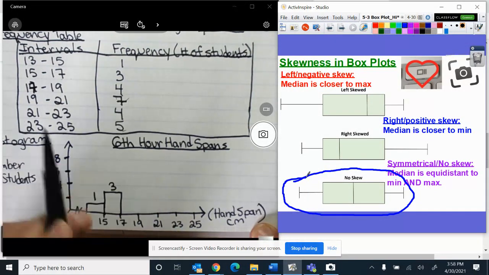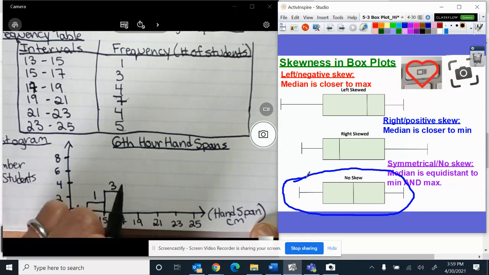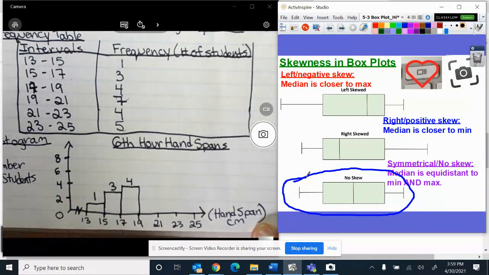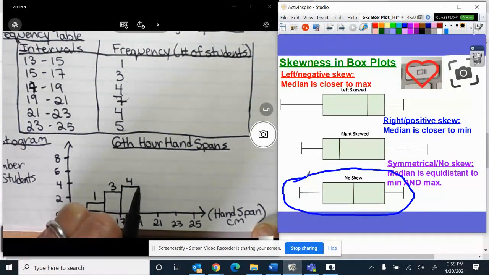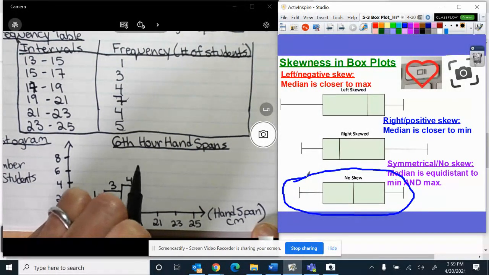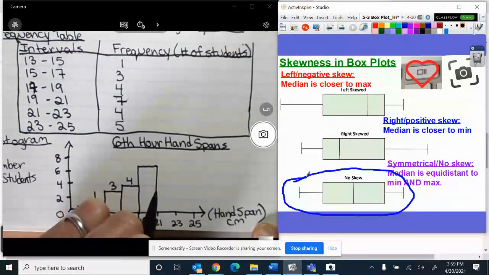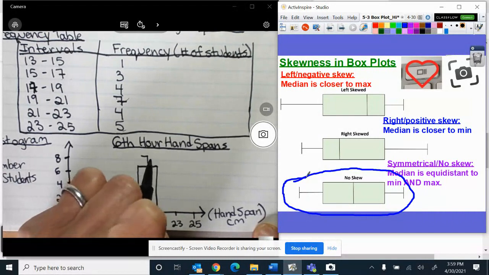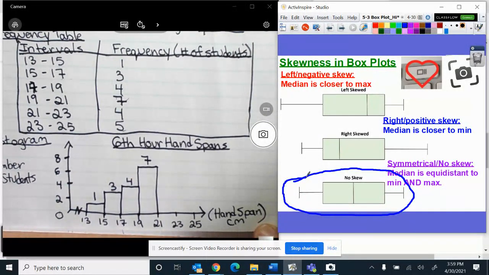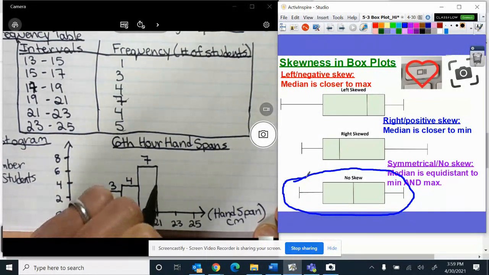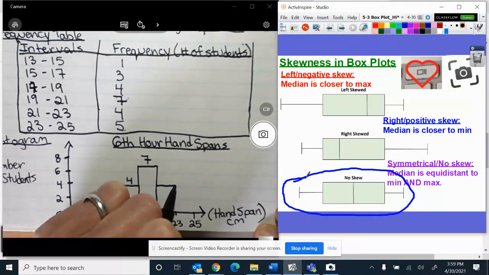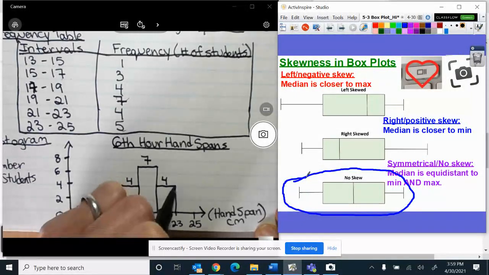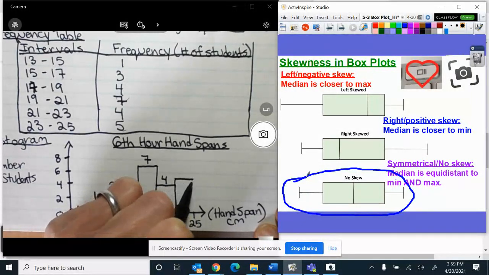Then we have 4 students between 17 and 19. 7 students. This is our modal class, the interval that has the most students. And then we go back down. 4 students in this range and 5 students in that final group.